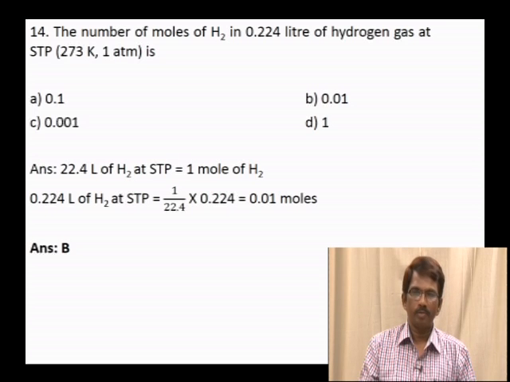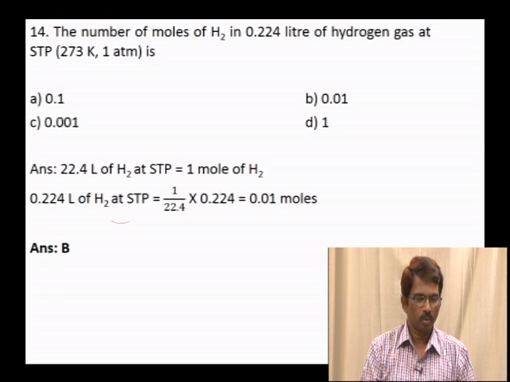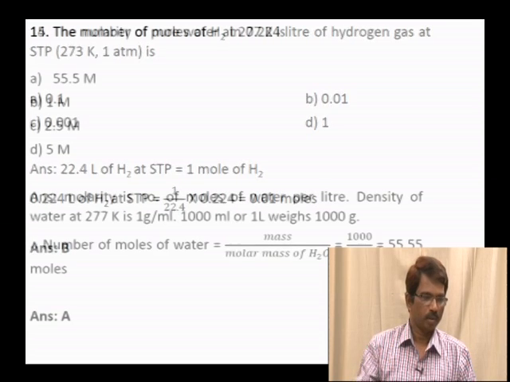That means 22.4 liters of hydrogen gas at STP corresponds to 1 mole of hydrogen gas. Obviously 0.224 liters of hydrogen gas at STP will have 1 divided by 22.4 into 0.224, that is 0.01 moles, and hence the correct answer is option B.